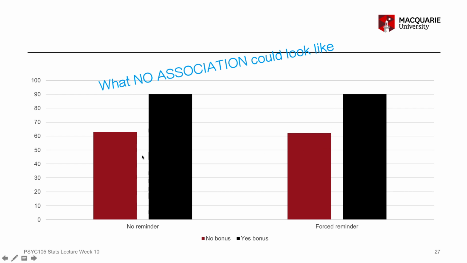So what you see here is that in the no reminder condition, there's a similar breakdown of people who did versus didn't get the bonus, whereas in the forced reminder condition, again, there's a similar comparison of people who did versus didn't get the bonus. So that's an example of what no association between condition and bonus could look like.